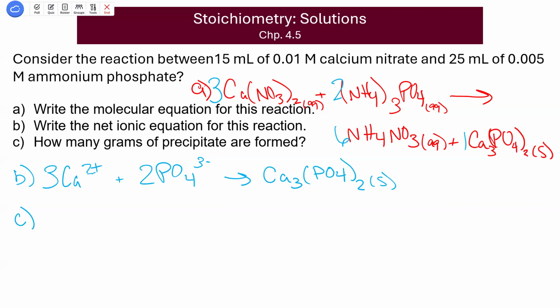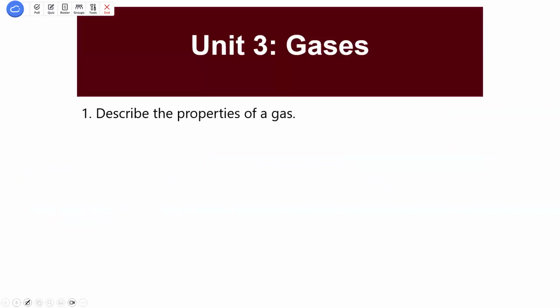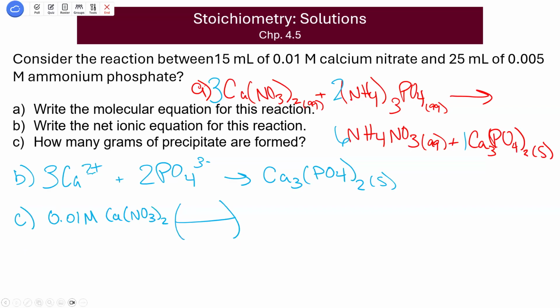Right? So in order to find our limiting reactant, we're going to take 0.01 molar calcium nitrate. Sorry, just pretend that this is 0.1.